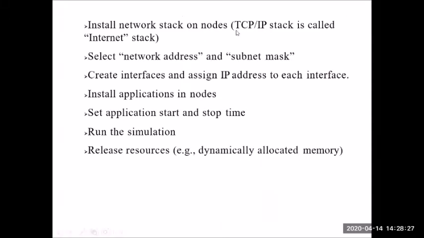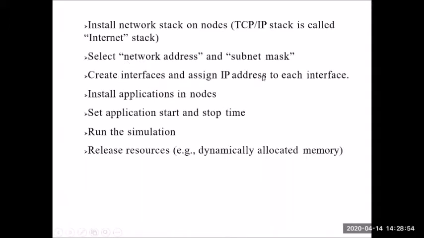The 3-layer stack we are going to include. Then we have to fix the network address for each device. And once we fix the network address, we have something called a subnet mask, which we will be studying in our next chapter. I will elaborate on that when we do it in theory. So just understand for now, the network address for every node should be fixed.